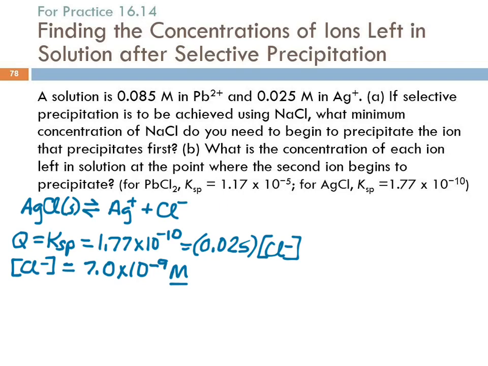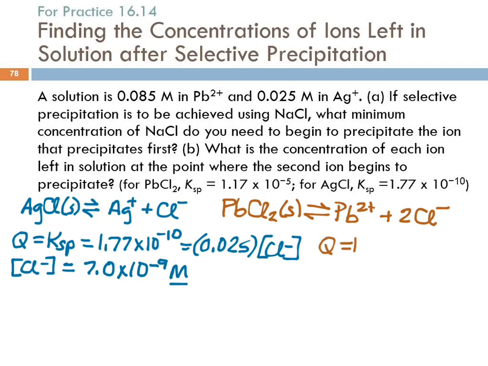So when lead chloride dissolves, we get a lead ion and 2 chloride ions. Stoichiometry is important here. PbCl2. So again, Q needs to equal KSP.